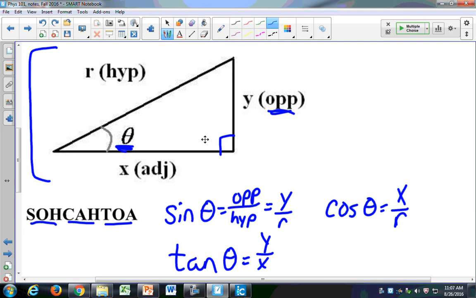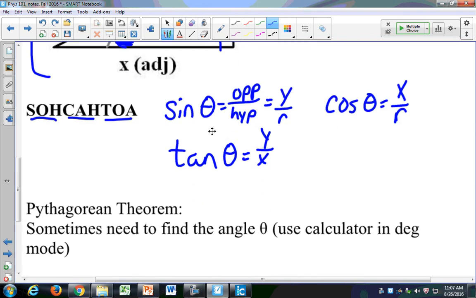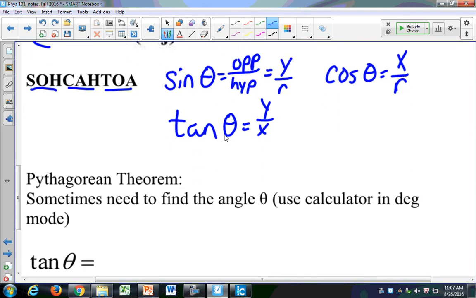You need to know this cold because we're going to use it a lot, especially in the next chapter. And you need to know how to just look at a right triangle and say, oh, I need to use the cosine for that, or oh, I need to use the sine for that. So if you don't know it cold now, you need to get it by tonight really. You need to know your trig functions really well. It's just these three, but know when you look at a triangle, when to apply which one.